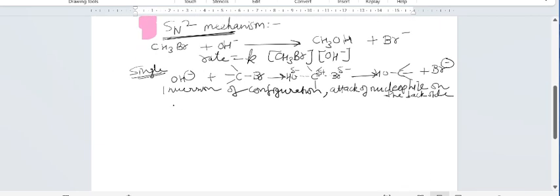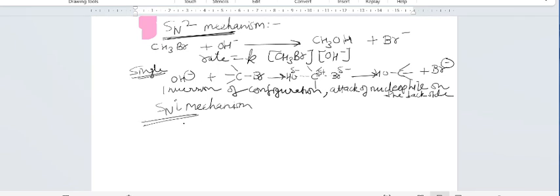Now SNi mechanism. In this mechanism, there is retention of configuration.